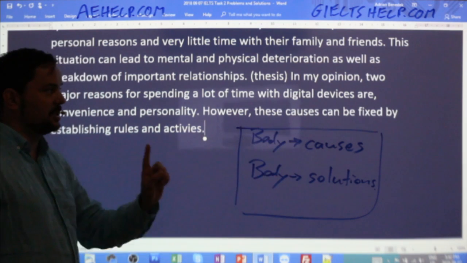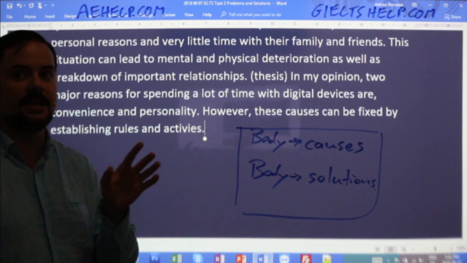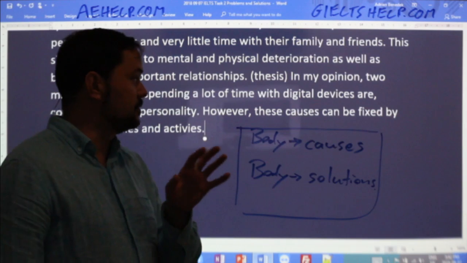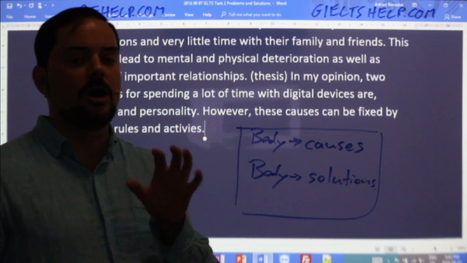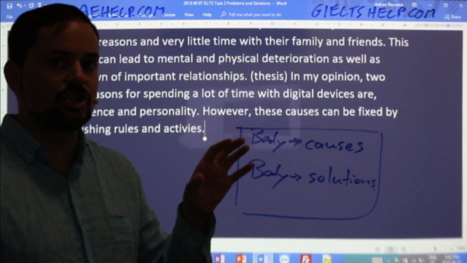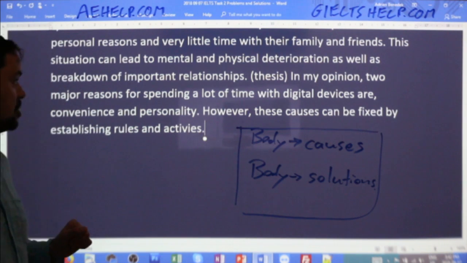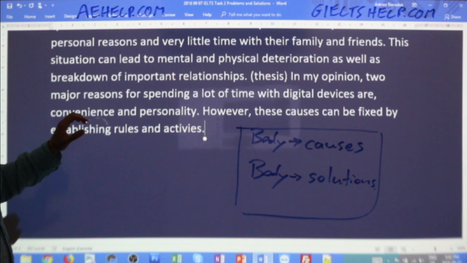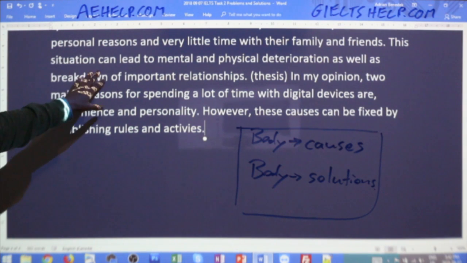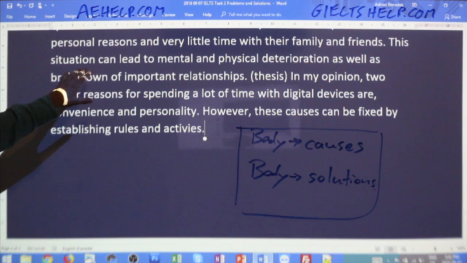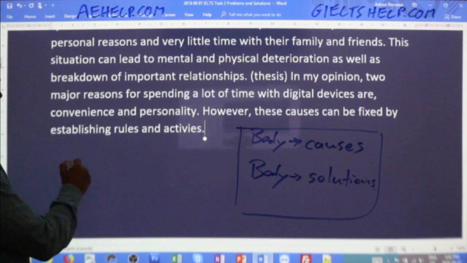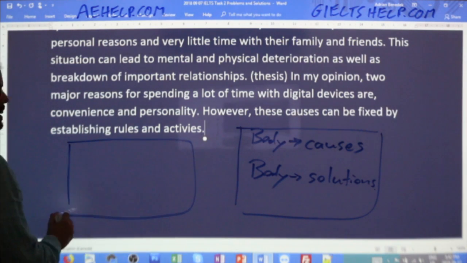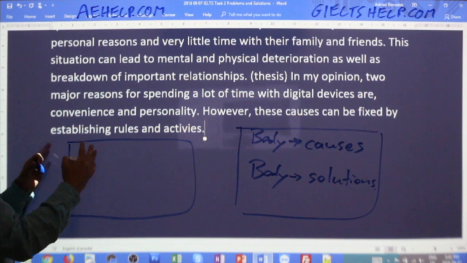Okay, this is an interesting point, so really pay attention to my next few sentences here, because depending on what the problem is in the question, you really have to pay attention to this. So here, the problem is convenience and personality, okay? And convenience and personality, so if I say that convenience is problem 1, okay? So I'm going to give you an alternative here.